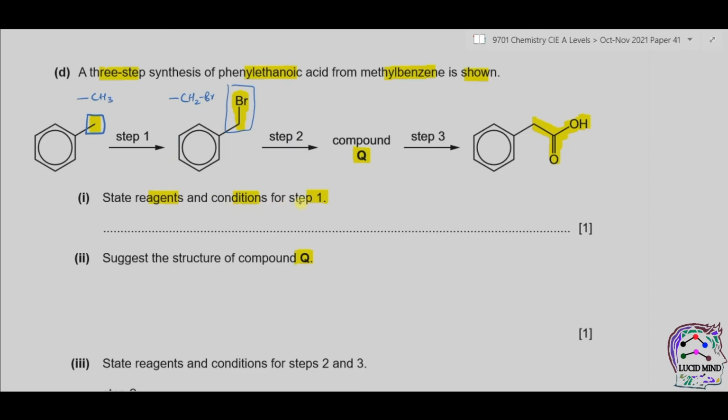So the reagents and conditions for step 1: as CH3 is an alkyl group, the substitution of bromine can take place in the alkyl group with the help of free radical substitution. In free radical substitution, a hydrogen atom of the alkane is replaced by a bromine atom. So we need bromine, and we also need UV light for this reaction to occur.